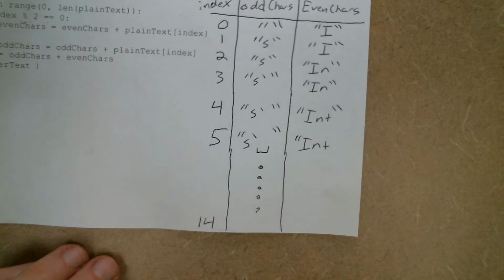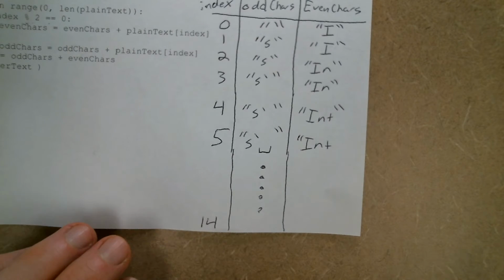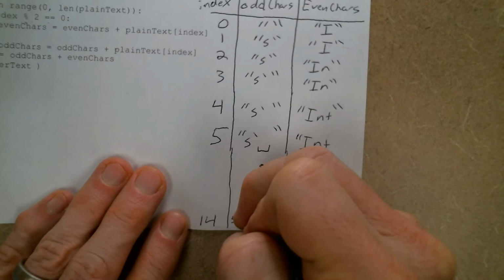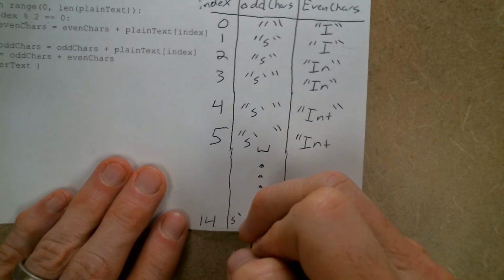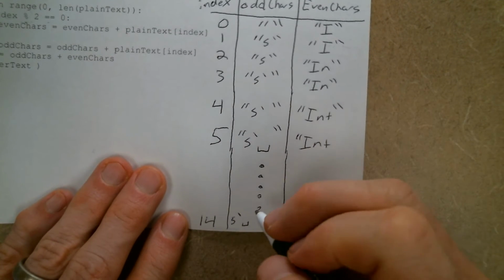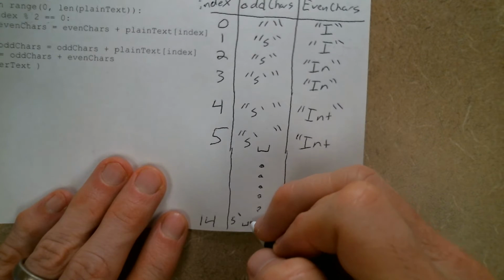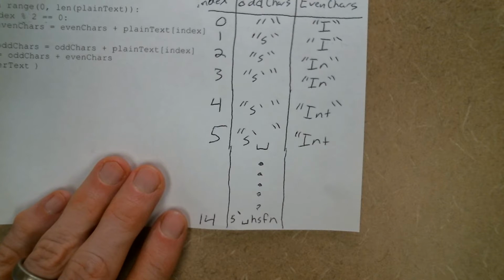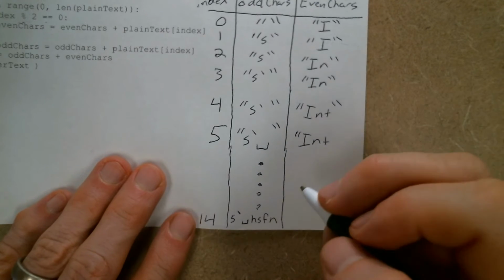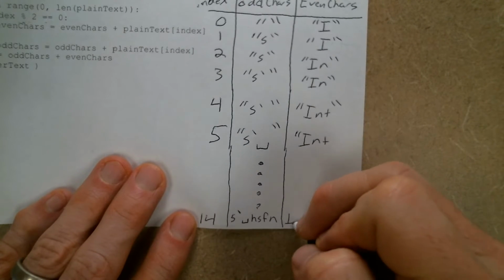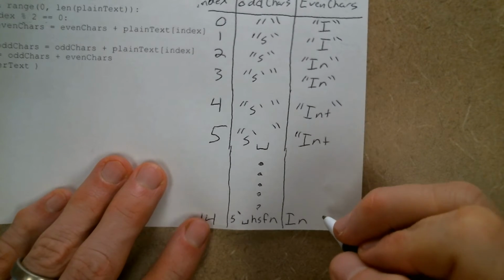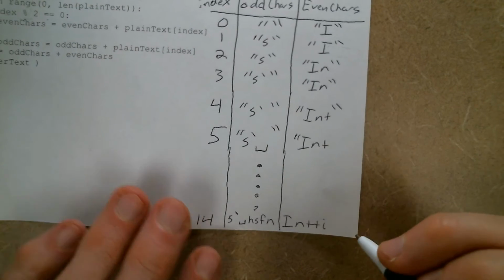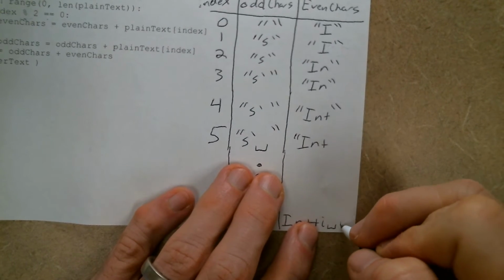So once you've gone through all of those index numbers, your odd character should be S apostrophe, then a space, HSFN, if you've gone through and done all of them. And then your even characters should be the uppercase I, N, T, T, I, a space, and then a U.